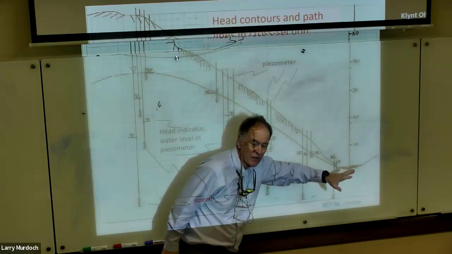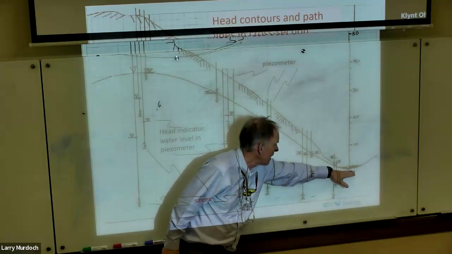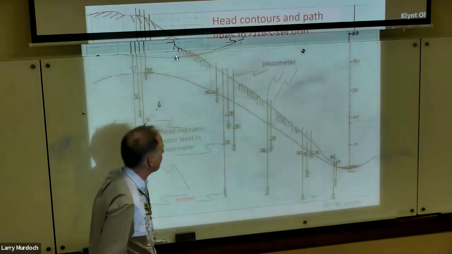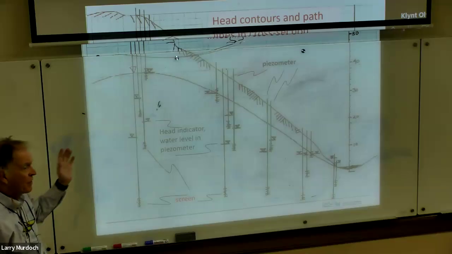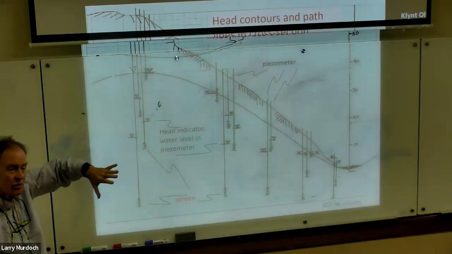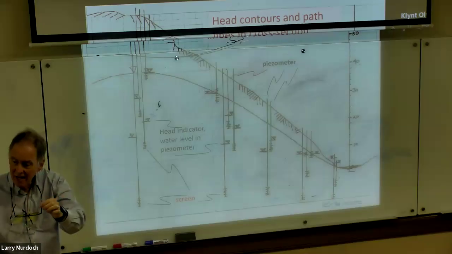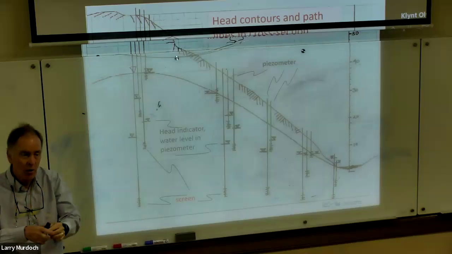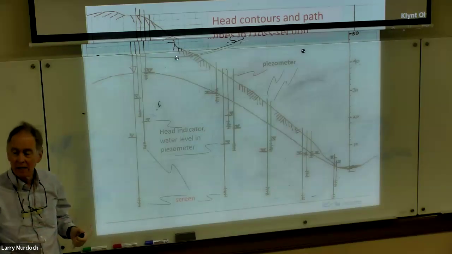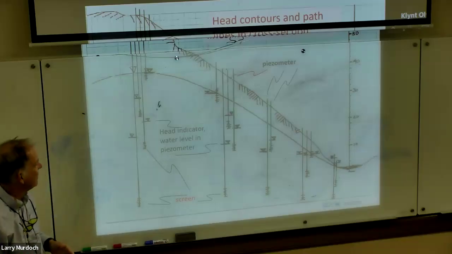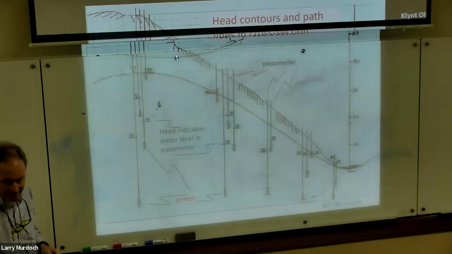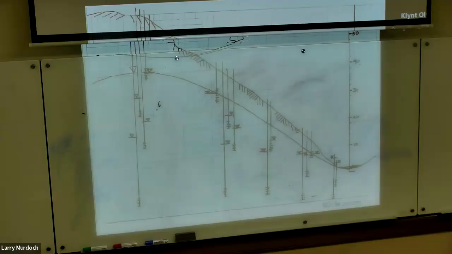I can put the datum wherever I want. So the datum is right there. And I need to go and fill this out. When we did the head contours in map view, we had the hydraulic heads at a series of points, right? And then we drew in the contour lines. So this will be the same approach.